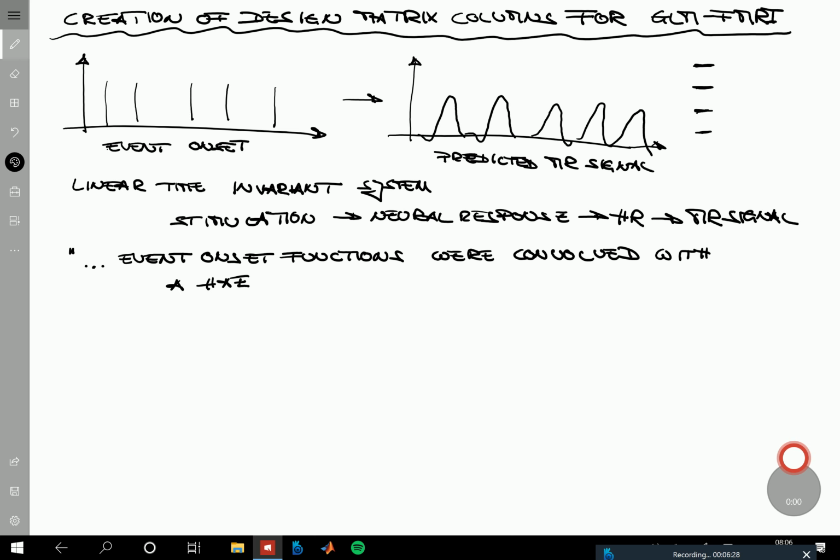Usually it says they were convolved with the canonical hemodynamic response function. So this is usually one sentence in typical fMRI papers where they do GLM analysis, where they then use random field theory to infer on the peaks and clusters, or whether they use this as a pre-processing step for doing some classification. If they do a GLM analysis, it will contain the sentence: event onset function were convolved with the canonical hemodynamic response function.